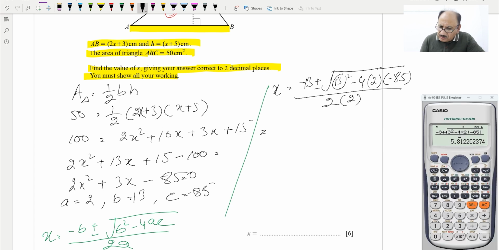Okay, so we'll change the values here. So this one will be 13, and also this one will be 13.